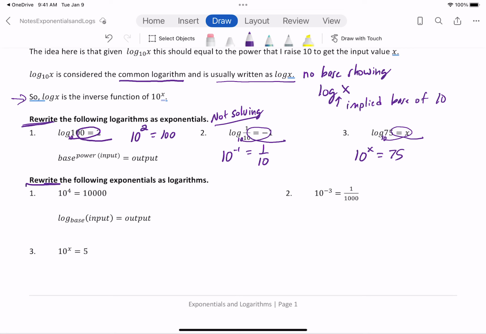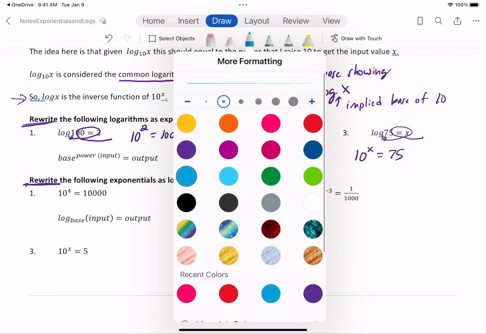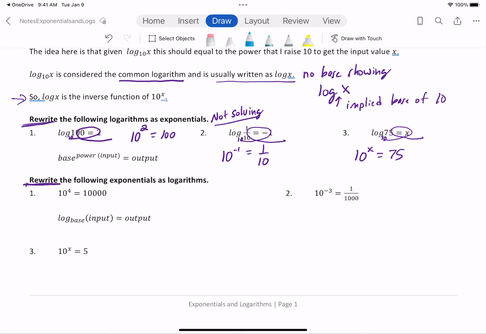So for this next section, now we're just going to go in the other direction. Okay? Now it's going to be given as an exponential, and we just want to rewrite it as a logarithm. So again, we're not going to be solving anything. We are just going to rewrite it in the other form. This one also has a little thing we can use.